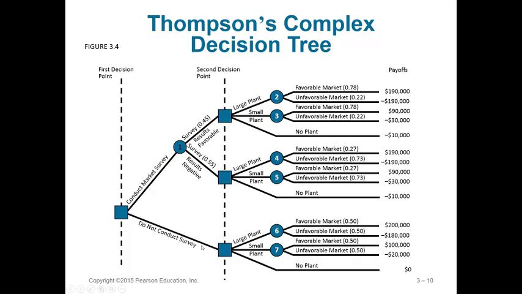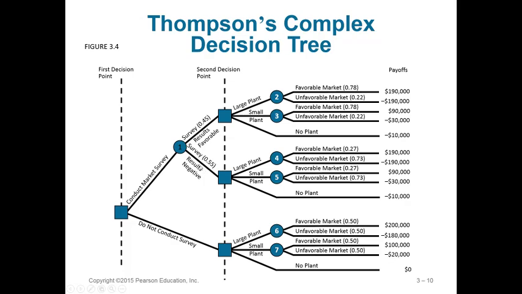Okay, so if you didn't do a survey, you would still think it's a 50-50. If you did a survey and the results were favorable, that would change the probabilities under a favorable market and unfavorable market, because you already had a survey that told you you thought it was going to be a favorable market. So the chances for a favorable market went from 50% up to 78%, and unfavorable down to 22%.